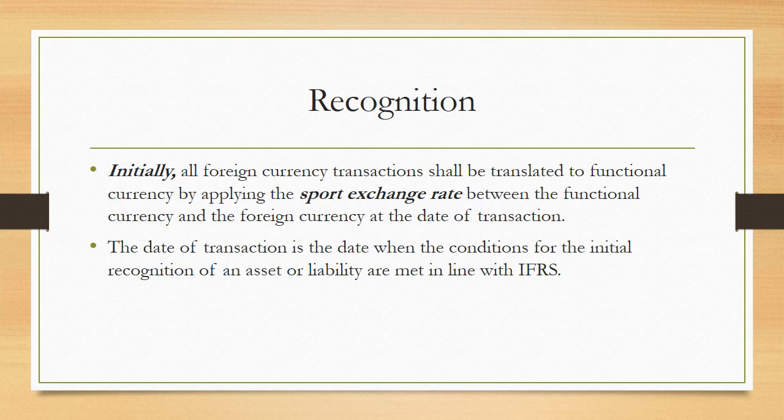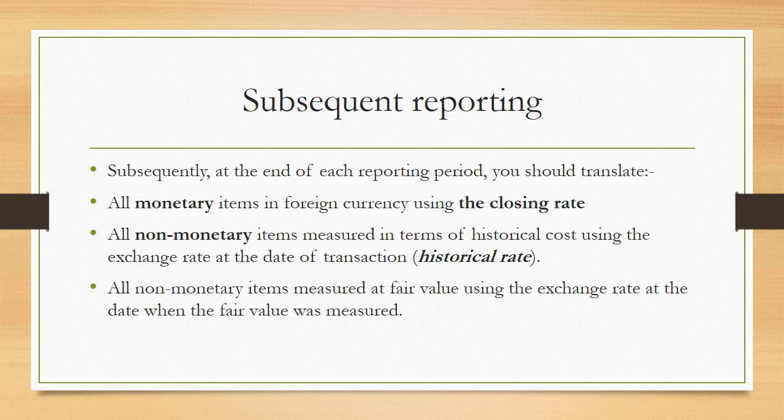So that is the initial recognition. The date of transaction is the date when the conditions for initial recognition of an asset or liability are met in line with IFRS. But we have subsequent reporting.